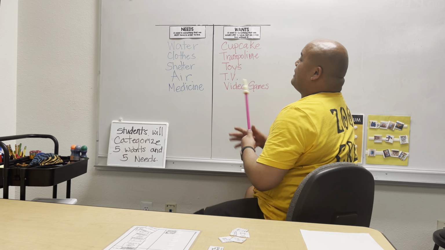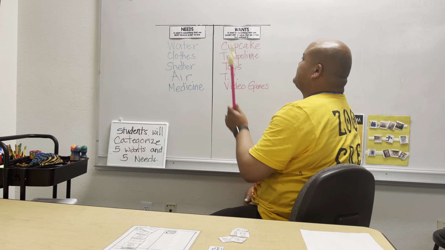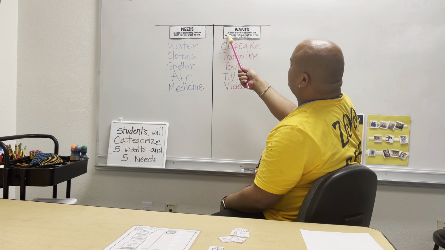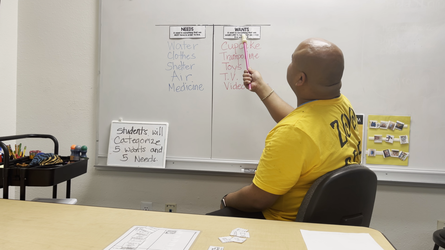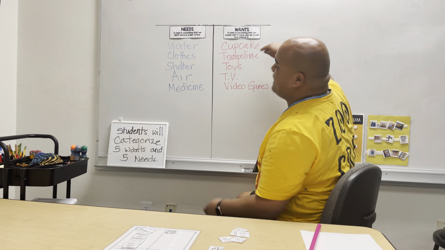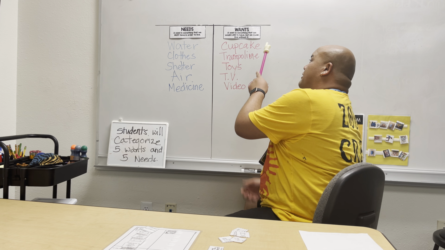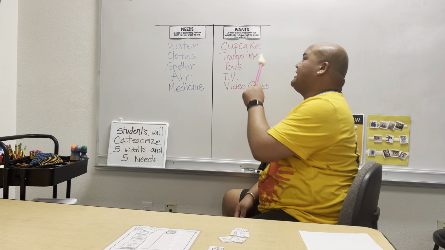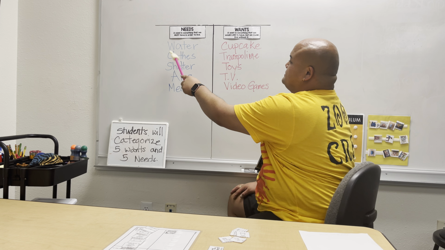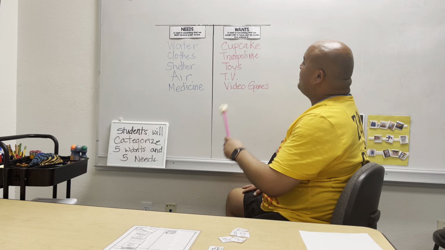We then categorized 5 different wants in our wants category. And a want, as a reminder, is something that we would like to have, but we could live without. So our first example we listed was cupcakes. Although a cupcake is a food, we do not need a cupcake to live, but we need food and water to survive.